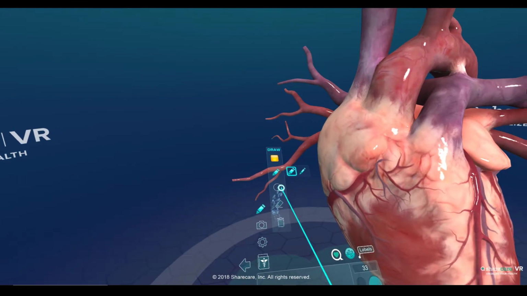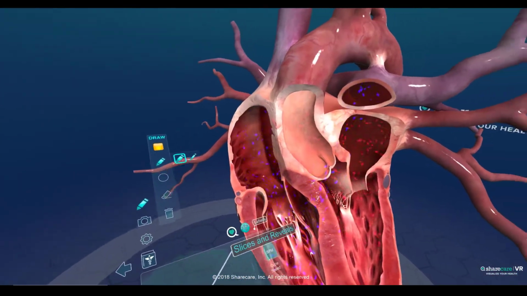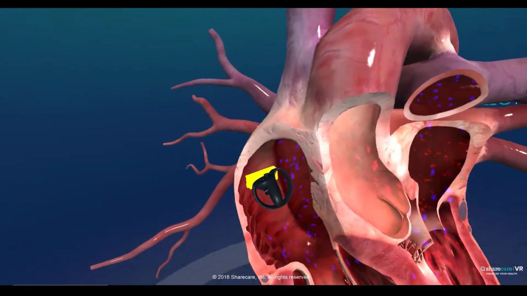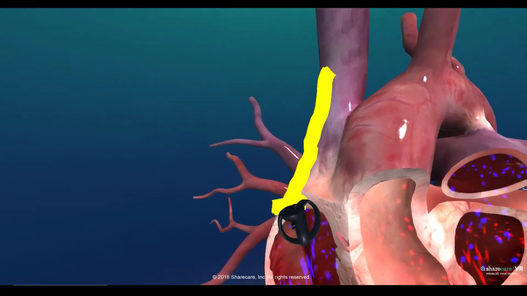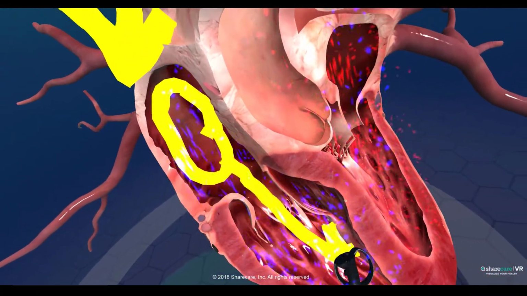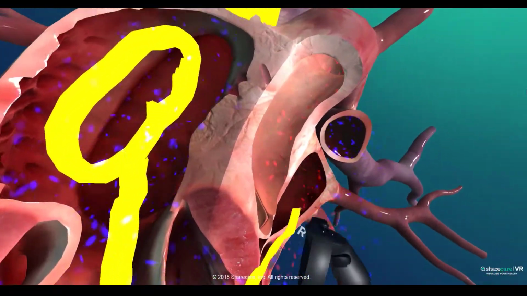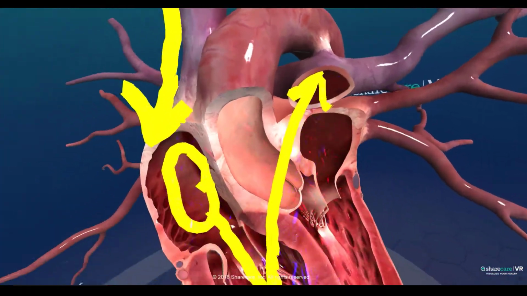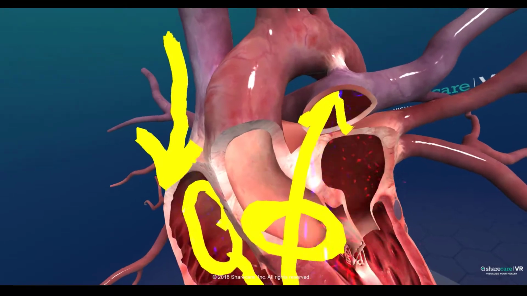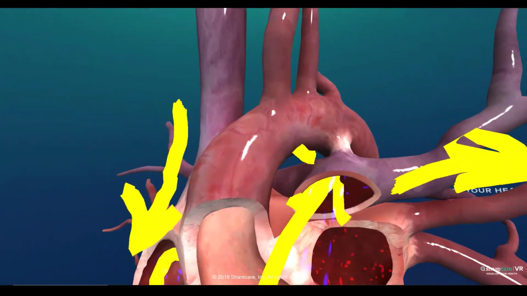Now what I'd like to do is go back to that partial view, where we can slice and see the inside. You can see our trip through the superior or inferior vena cava into the right atrium, through the tricuspid into the right ventricle. Then we move up this way, and we are missing that valve here because of the way it cuts, through the pulmonary semilunar valve into the left and right lung.